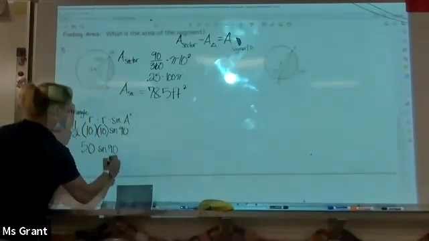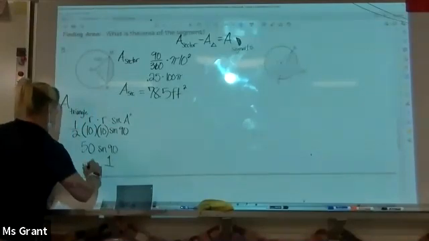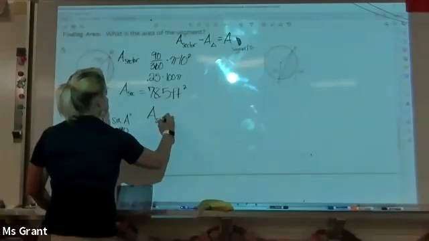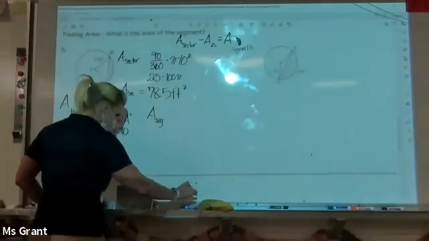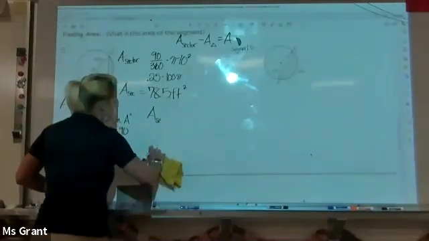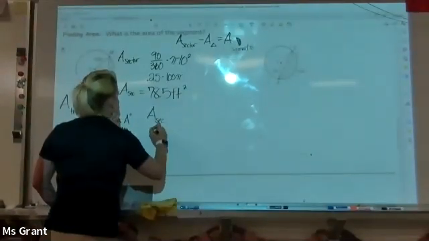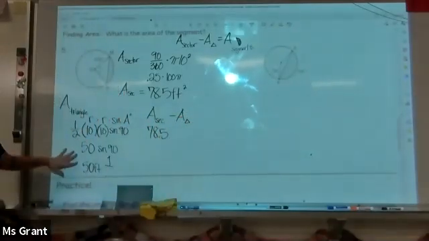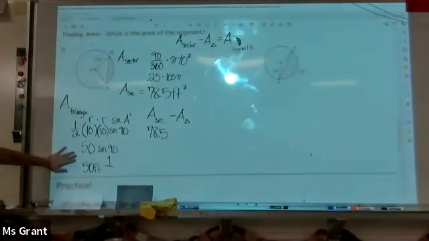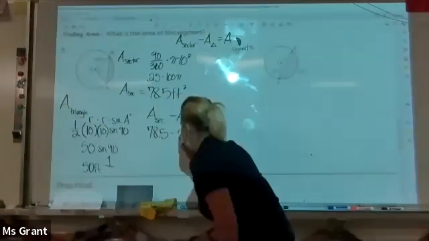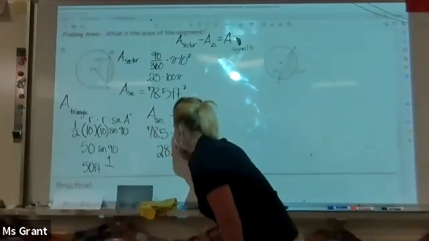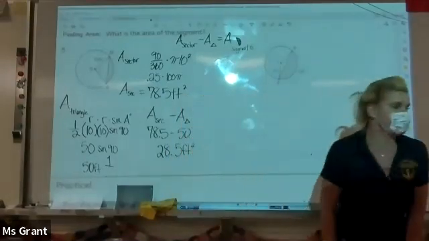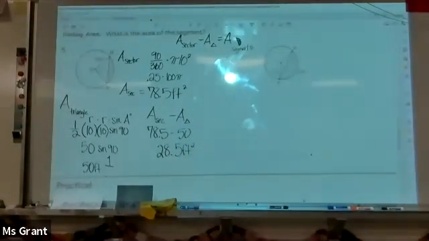The sine of 90 is 1. So the area of the segment, or sector, well, man, segment was last, is 78.5 minus the area of the triangle. Sorry, I'm blocking the triangle, but the triangle is 50. I still have to use the unit of measure squared. Feet squared.